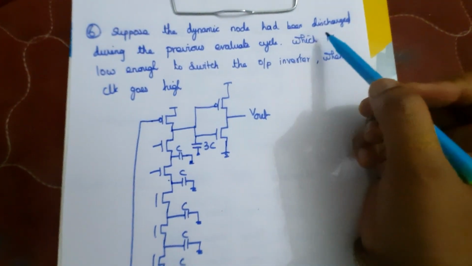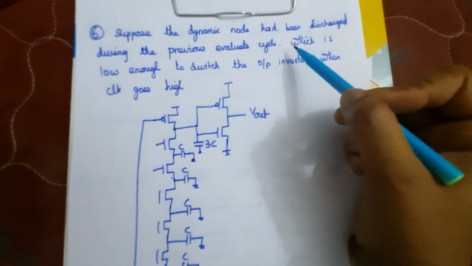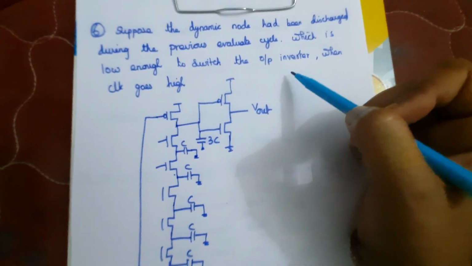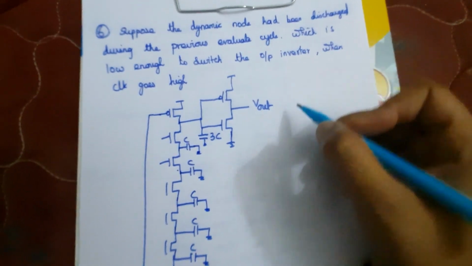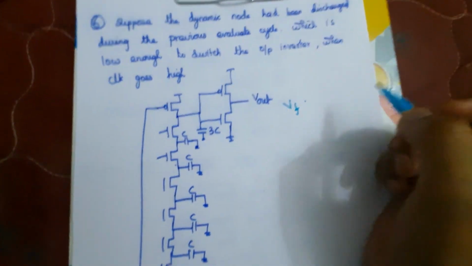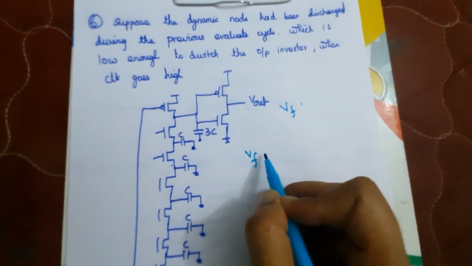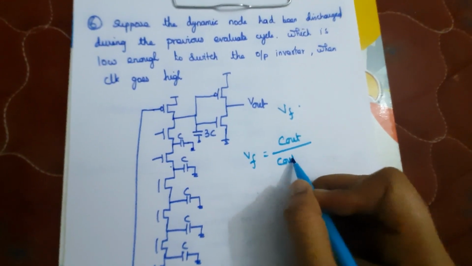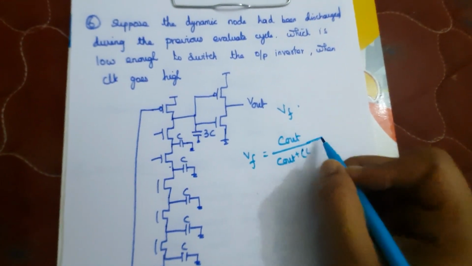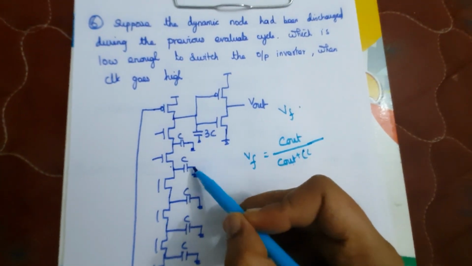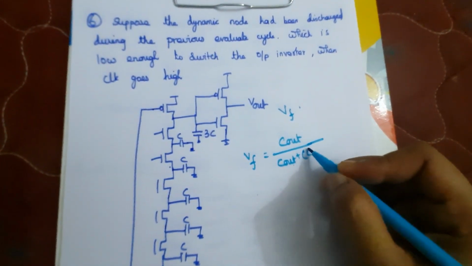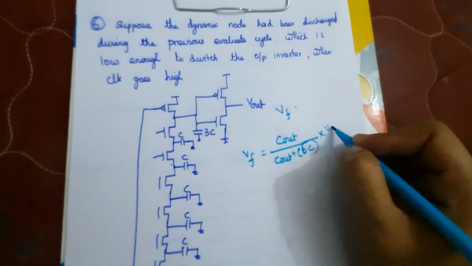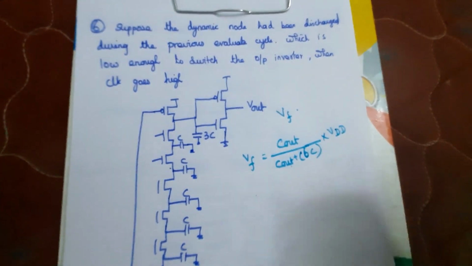Suppose the dynamic node had been discharged during the previous evaluate cycle, so it is low enough to switch the output inverter when the clock goes high. Here we have to find the final voltage Vf, and we know the formula: Vf = Cout divided by (Cout + C), times VDD. Here there are 1, 2, 3, 4, 5, 6, so 6C into VDD.